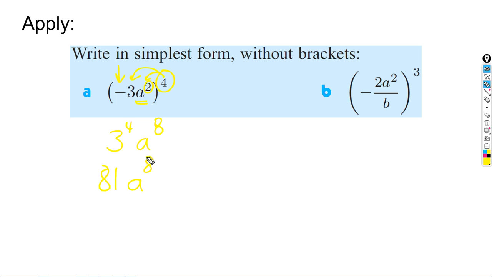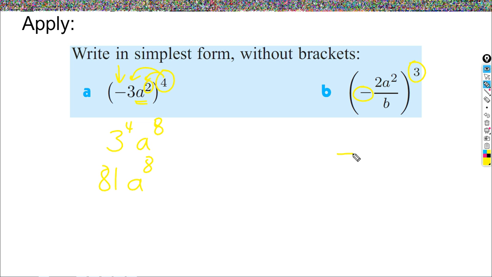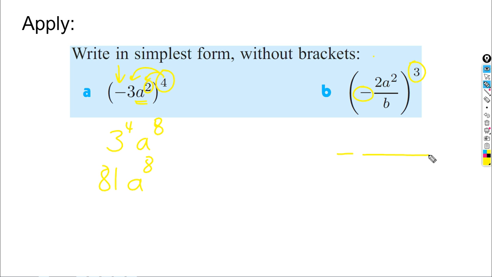All right, part B. Again, there's a negative inside the parentheses. This time we have an odd exponent, so that means we are going to keep the negative. Even would cancel out any negatives. This time we're going to keep it, so we'll have a negative answer. All of our bases: we have a 2, an a, which is already being squared, and a b in the denominator.